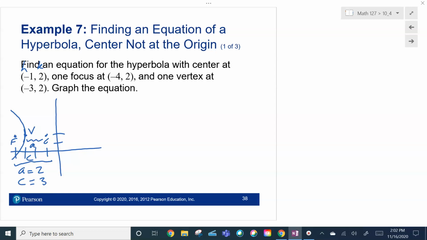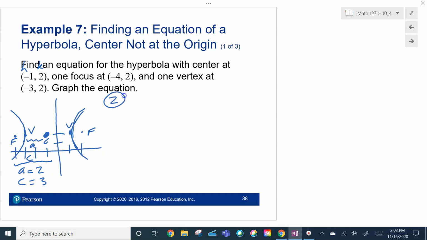So let me go to the other side of the center: 2 distance away, 1, 2, here's the vertex, and 3 away from the center for the other focus. So far, a is 2 and c is 3.